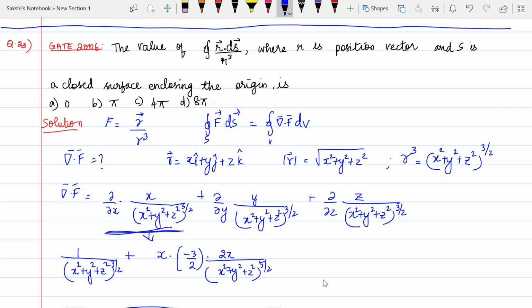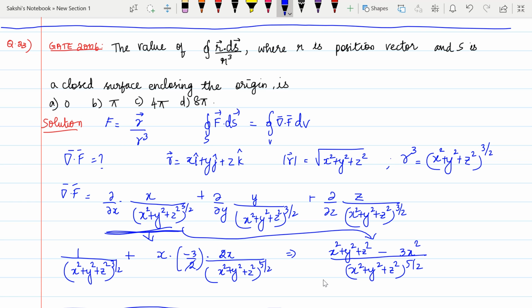When you simplify this, I'm going to cancel this, and then when I simplify the denominator for these two terms, I'm going to get (x square plus y square plus z square minus 3x square) the whole divided by (x square plus y square plus z square) the whole power 5 by 2. So this particular differentiation gives me this.